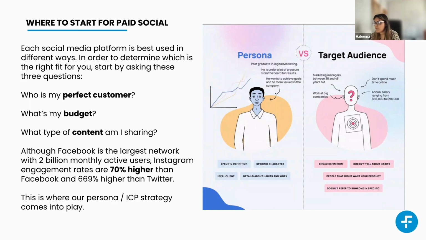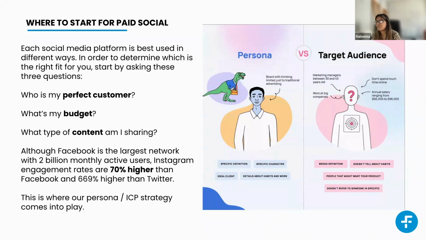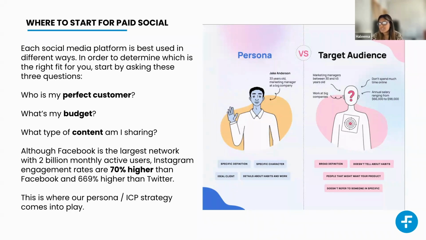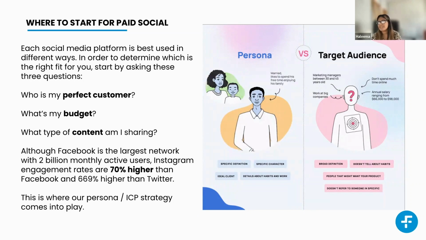We can use our personas to really elevate our paid media marketing efforts also. And this little GIF here is showing us the difference between personas and target audience. With personas, obviously it's a specific definition. They have a name because they're a character. They're the ideal client.